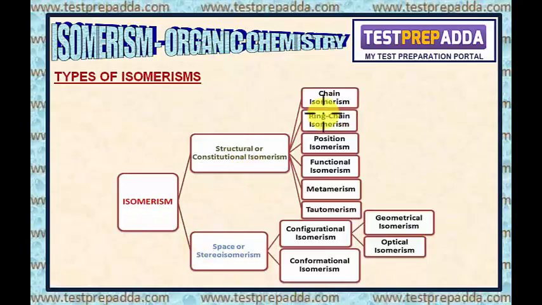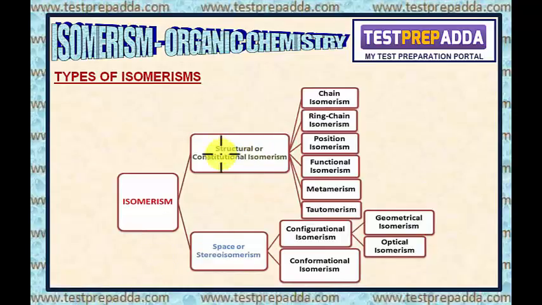Structural is further classified into chain isomerism, ring chain isomerism, position isomerism, functional isomerism, metamerism, and tautomerism, and stereoisomerism is further divided into configurational isomerism and conformational isomerism. And in configurational isomerism, we have to study geometrical isomerism and optical isomerism. So these are the different types of isomerisms. One by one, we'll discuss all these.